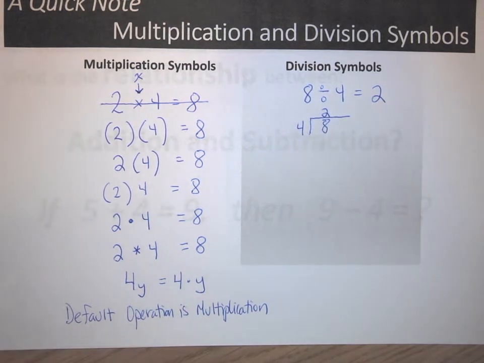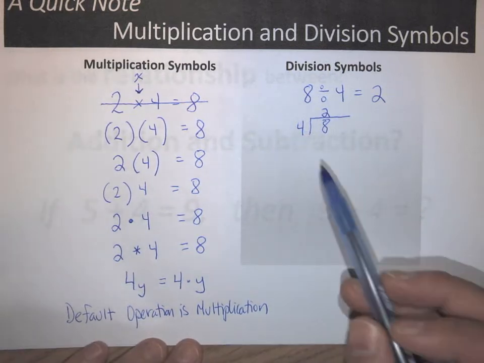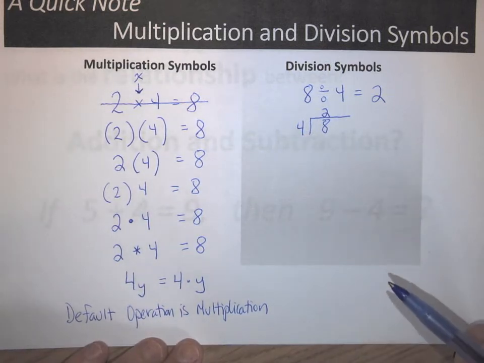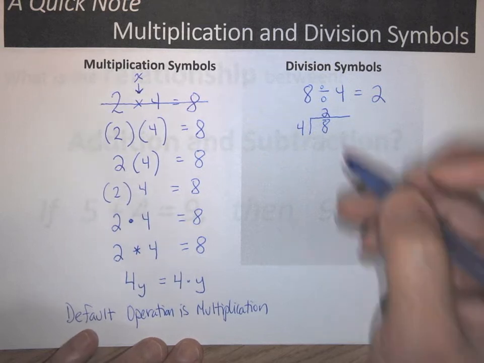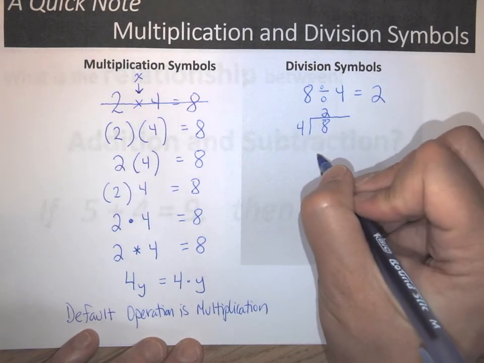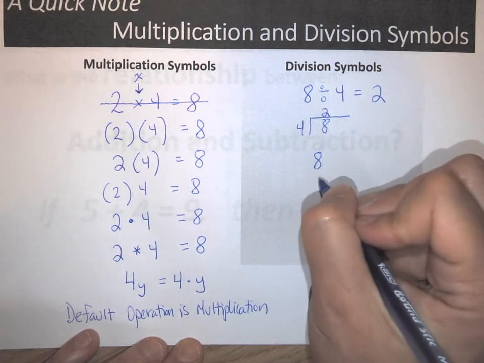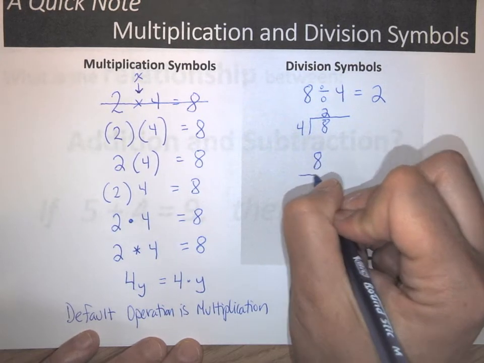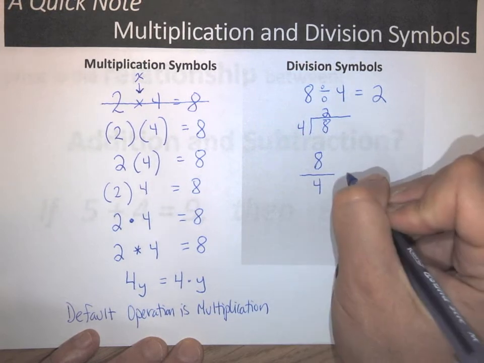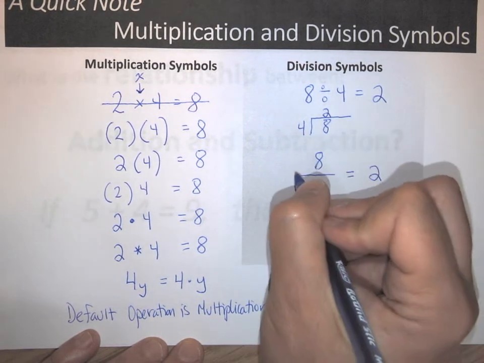But again, once we start having variables and other symbols, this gets a little bit just too complicated, too fussy. So the most common way we're going to do it is we're just going to write it so it looks more like a fraction, and a fraction is a division problem. And this is just 8 divided by 4 equals 2.